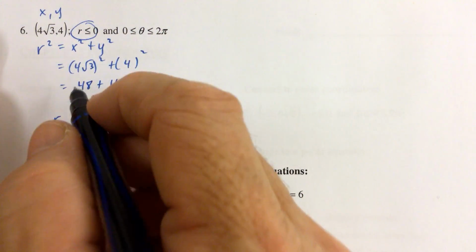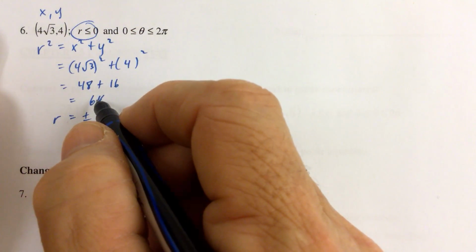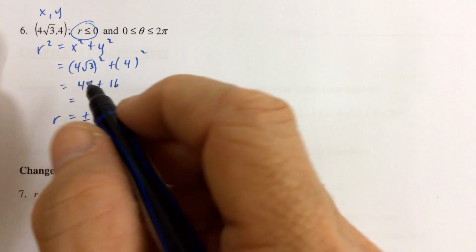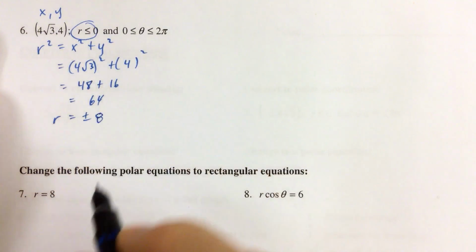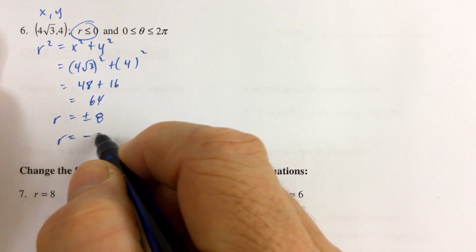So therefore, again, r is less than or equal to 0, so we have to use r is plus or minus radical r squared, which is r, actually it's absolute value of r, but that's a different story. R equals plus or minus 8, and so again we're going to use the negative r.